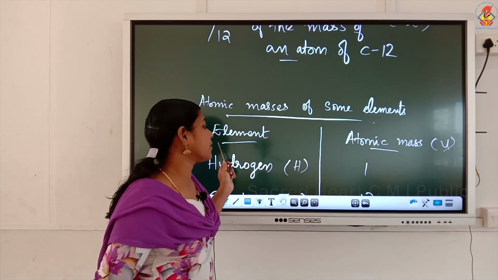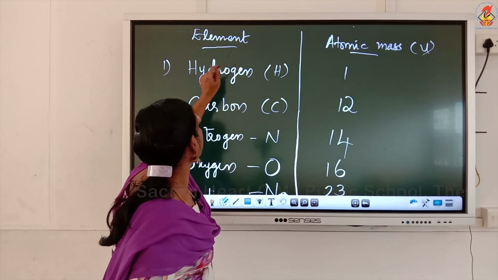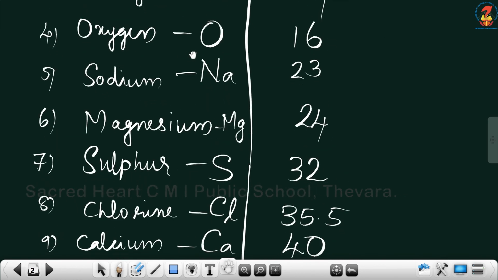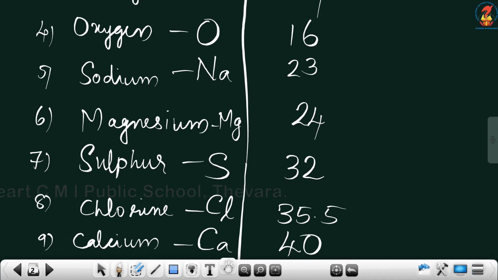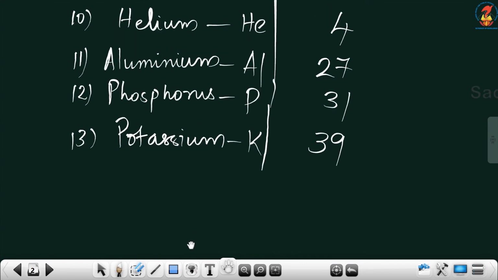Hydrogen atomic mass 1, carbon 12, nitrogen 14, oxygen 16, then sulfur 32, magnesium 24, sodium 23, chlorine 35.5, calcium 40, then helium 4, aluminium 27, phosphorus 31, potassium 39, like so.